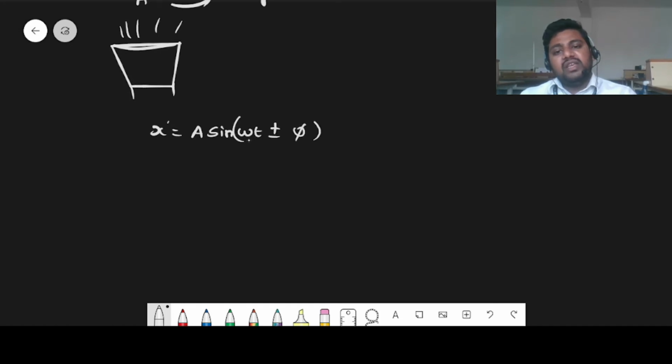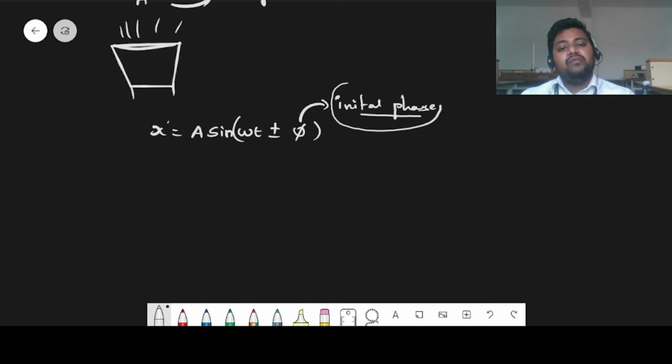Now what is this initial phase? It is not necessary that when we observe the object performing SHM, we see that object at the mean position. We might have seen that object at any other position. So to analyze this motion properly, we should take care of where we are actually observing the initial position of the particle.